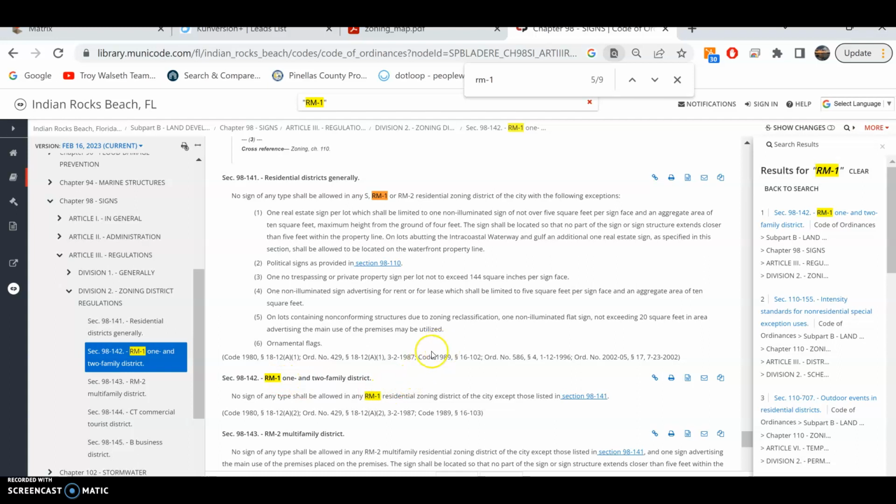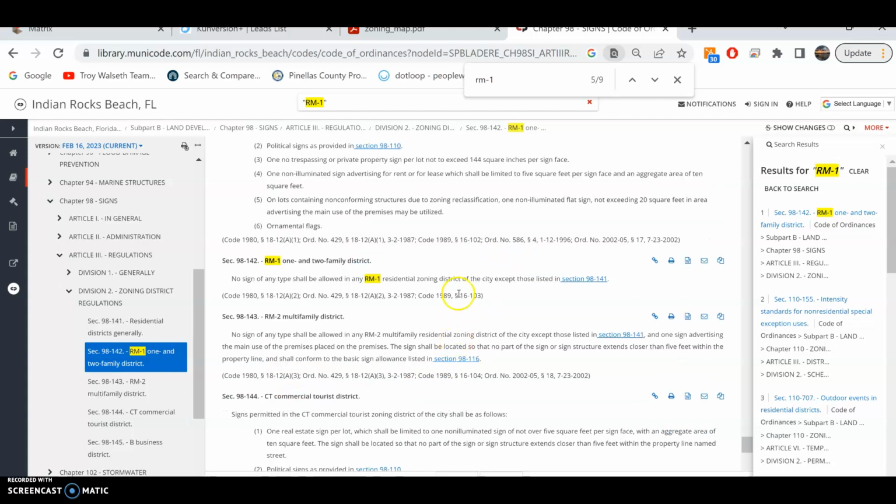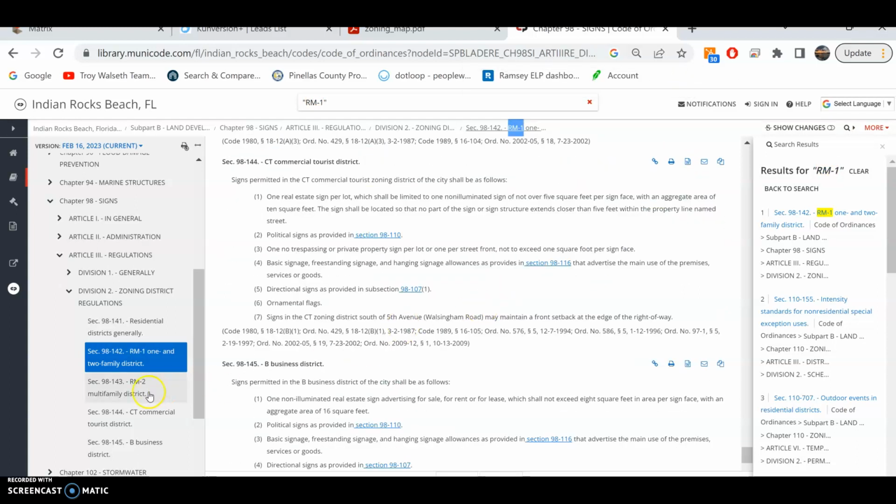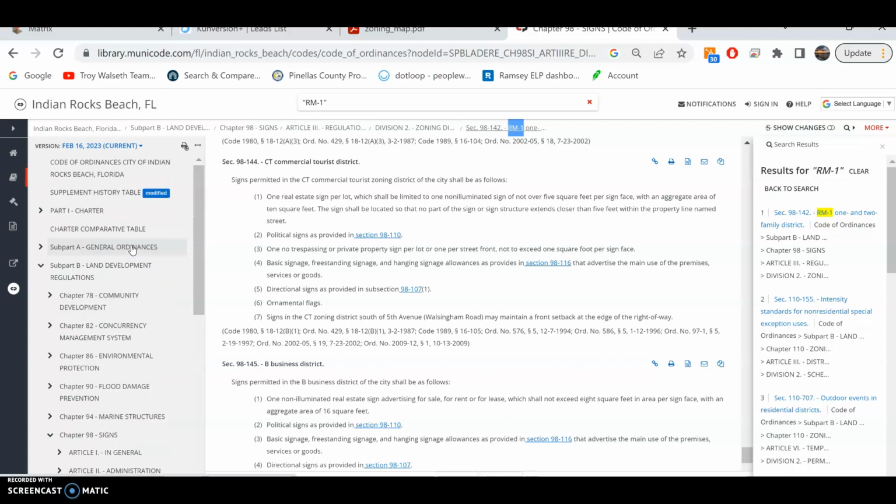Why is this all about signage? No type of sign, commercial tourist district. That's everything. We must be in the wrong place. Yeah, we're talking all about signs. So let's go. That's where we're at now.